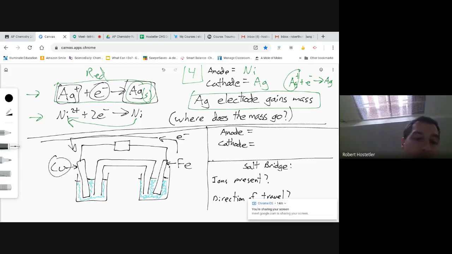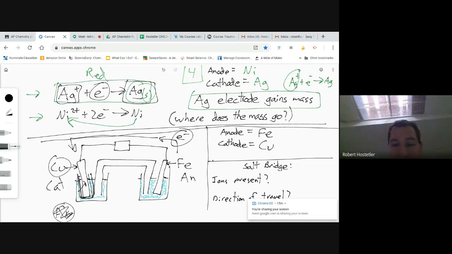So the copper is getting the electrons, and then the copper solution is turning into copper to make this electrode bigger. So the one that's getting the electrons through the wire is going to be the cathode. Or if you remember, the electrons go through the wire from anode to cathode. So we know this is the anode, and this guy's the cathode. A lot of times when you see pictures drawn, people always put the anode over here. And so everybody always thinks the anode goes on the left. Doesn't have to be. It's the one that the electrons are moving away from.